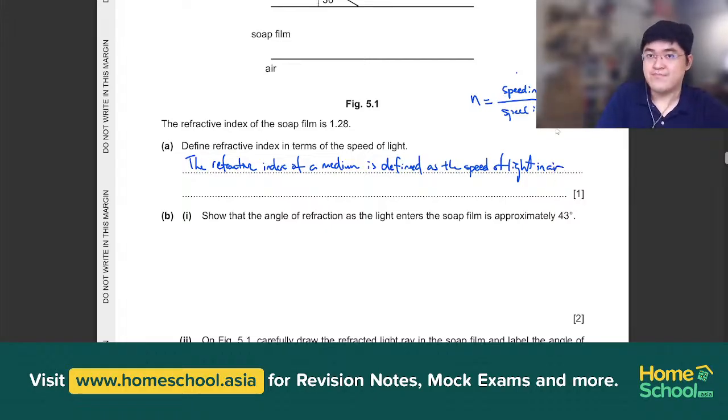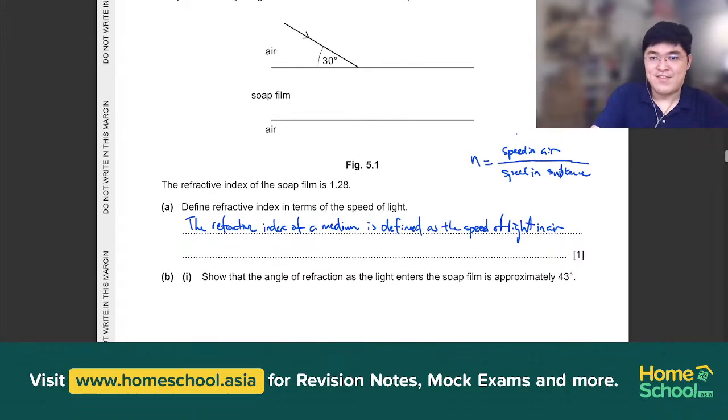Oh, yes, I'm so sorry, this is my mistake. Speed of light in air divided by speed of light in the substance. Sorry about that. The refractive index is basically the speed of light in air divided by the speed of light in the substance, or in this case, the soap film. So let's write that down.